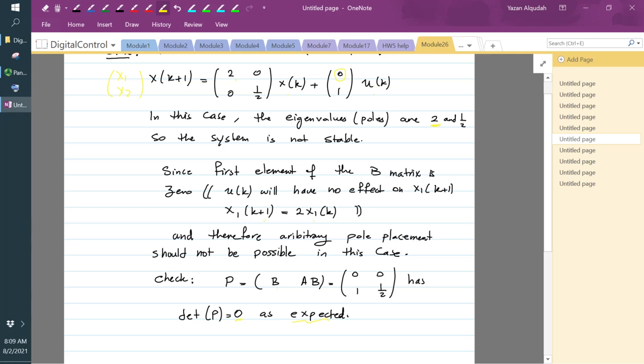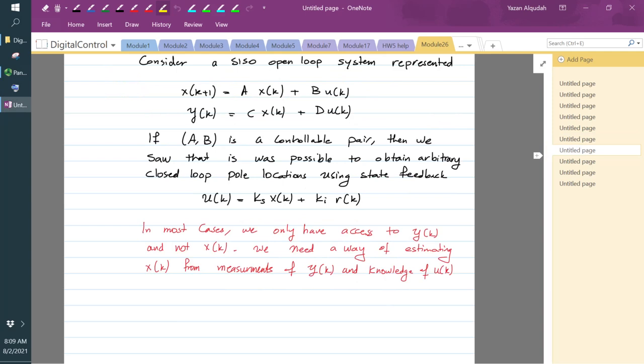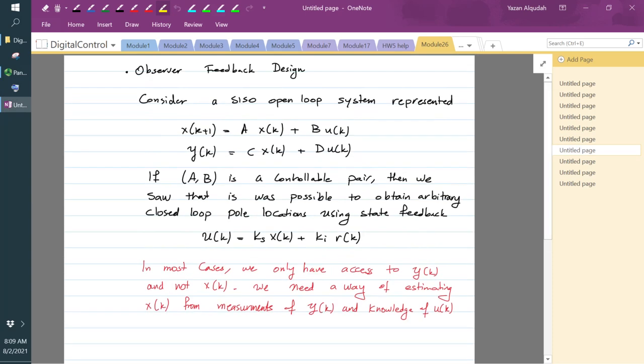So here we saw two examples. One system is controllable and one system is not controllable. If the system is controllable, then we can use the state feedback that we introduced in order to place the poles at any location. Now in order to apply this method, we need access to all the states of the system.